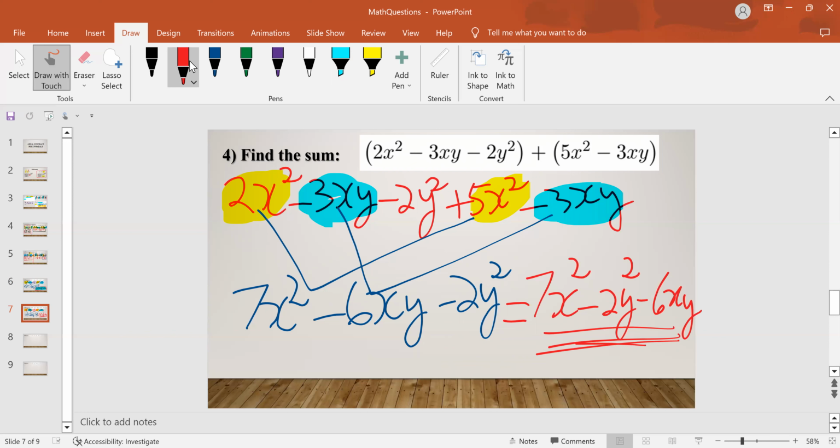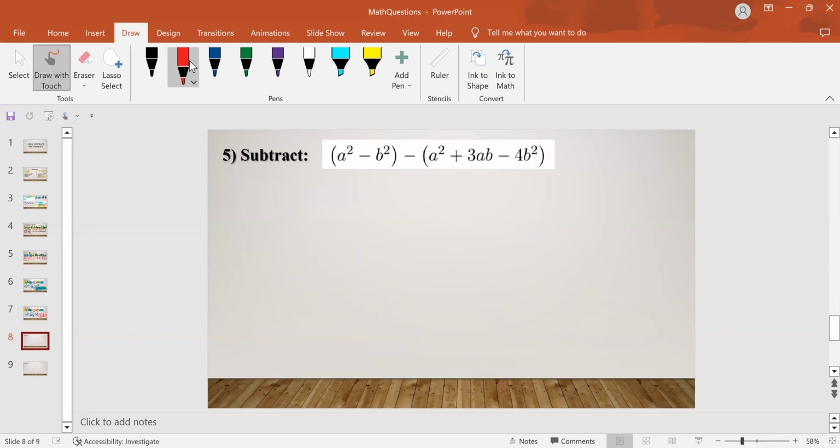The next problem. Subtract. So let's see how subtract works when you have different variables. So again, the first thing to do here is to remove the parentheses. So we have a to the second power minus b to the second power.